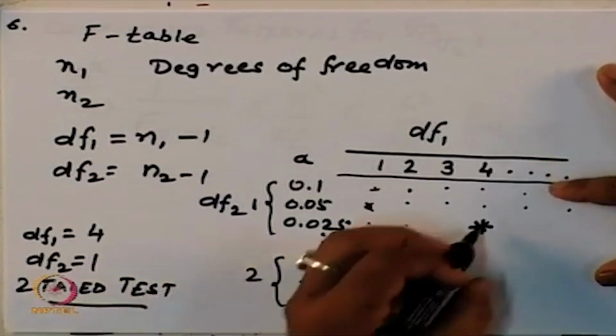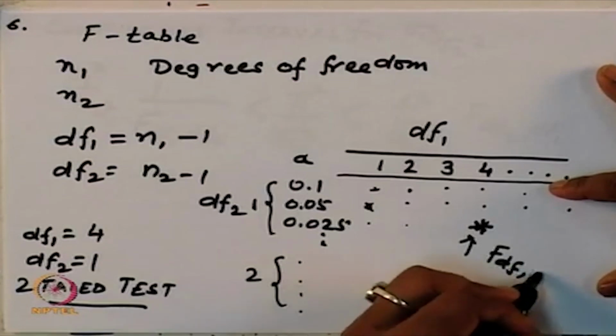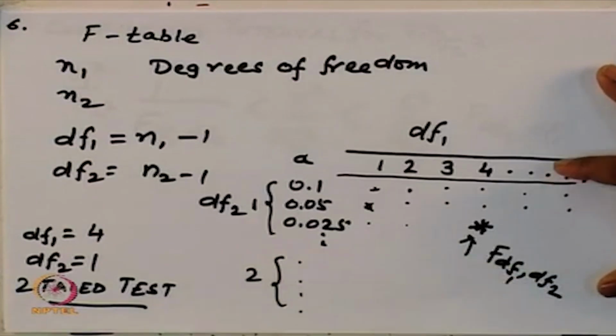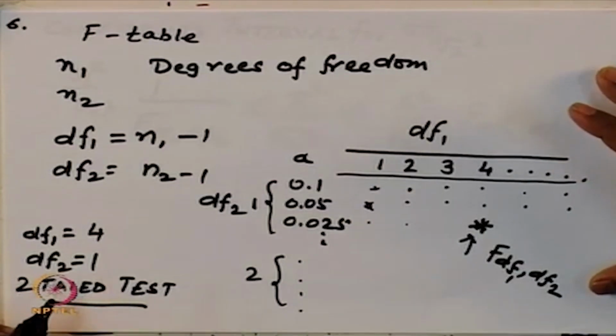This is my F of df1, df2. Correspondingly, I can find out F of df2, df1. So, df2 is the corresponding value.